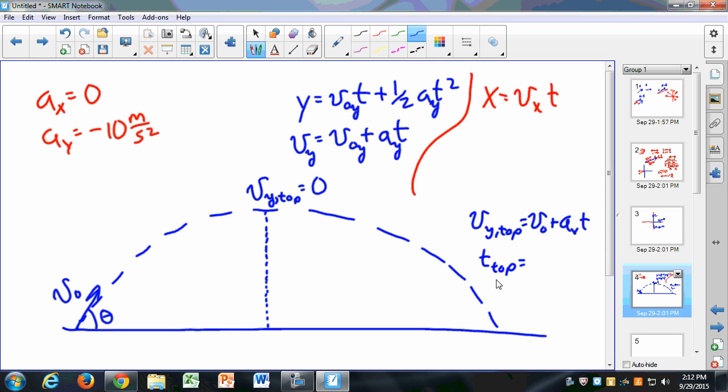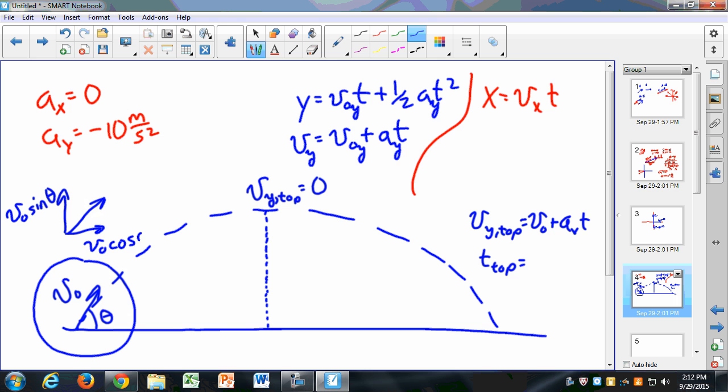Remember, whenever you have V naught, that this vector here is split into x and y components. I have a y component that's V naught sine of theta, and an x component that's V naught cosine theta. So I can say then that V naught y equals V naught sine of theta, and V naught x equals V naught cosine theta.